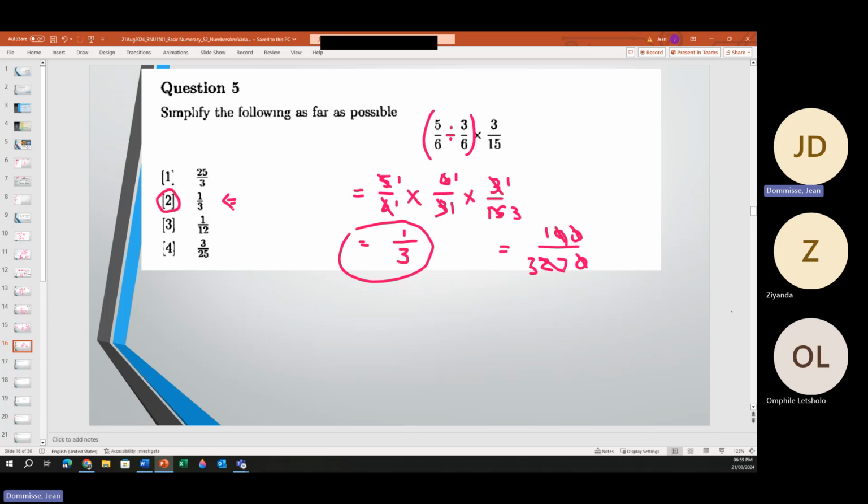But to that point, they will not have 90 over 270 as an option as well, because 1 over 3 and 90 over 270 are exactly the same. They will not have both as options where you need to select one, because both of them are the same.